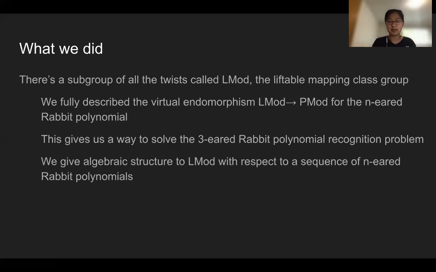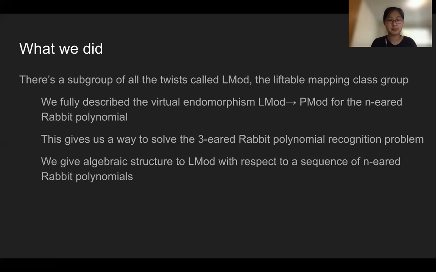So maybe I have some set of twists that I'm composing with a rabbit polynomial, and then by lifting them, I get another set of twists that give you the exact same polynomial. So the hope is that by lifting a bunch of times, we'll get something that's really simple, and that we can say, okay, this is the rabbit polynomial, or this is the co-rabbit polynomial.